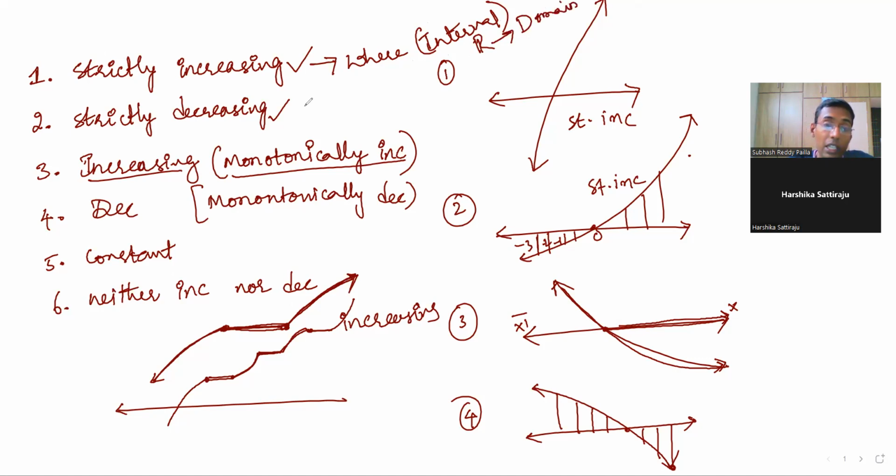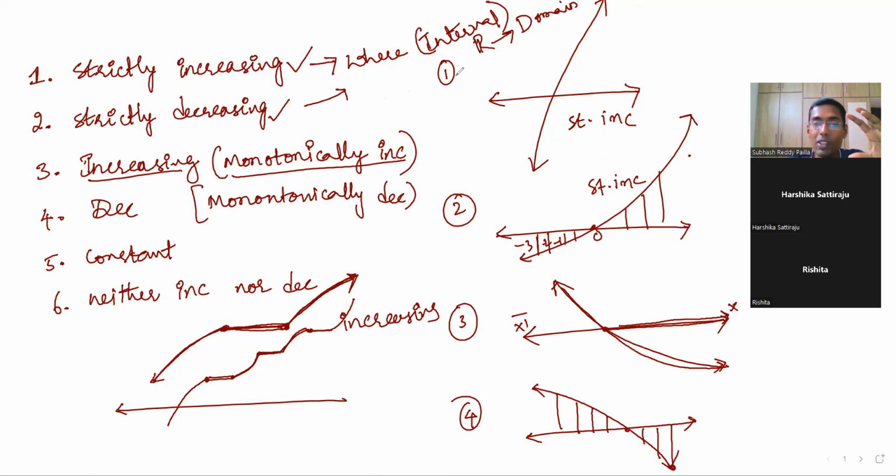Strictly decreasing where? That is the important point. They will ask: find out the interval in which it is increasing, find out the interval in which it is decreasing. That means we have to find out the interval.